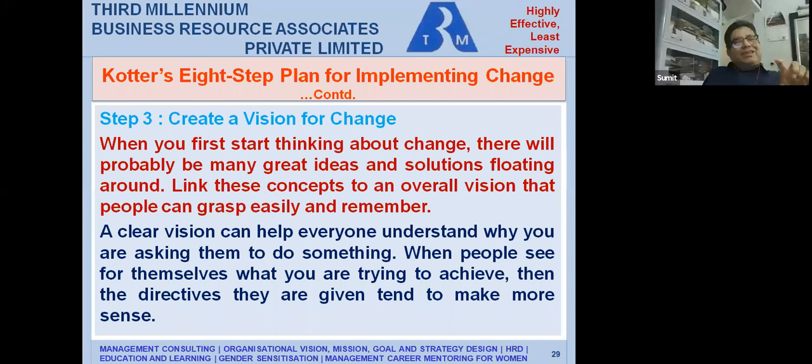So these are the ways of creating a clear vision in their mind by answering the question, whether they ask it or not, it is always working at the back of their minds. Americans have created a slogan called, what's in it for me? So what's in it for me can be answered at two levels. One, at the superordinate level, where the person doesn't bother about his life because he is onto a higher mission.